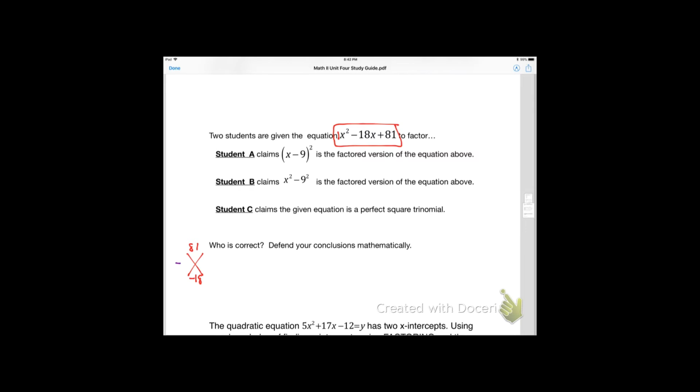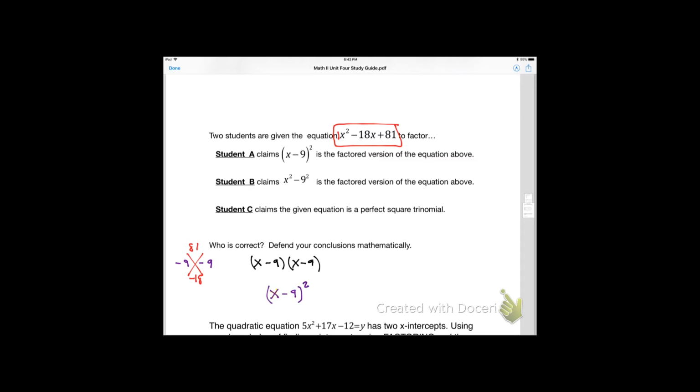And it's negative 9 times negative 9. So now when we go to write our answer, or our factors, we have x minus 9 times x minus 9, which we can rewrite as x minus 9 squared.